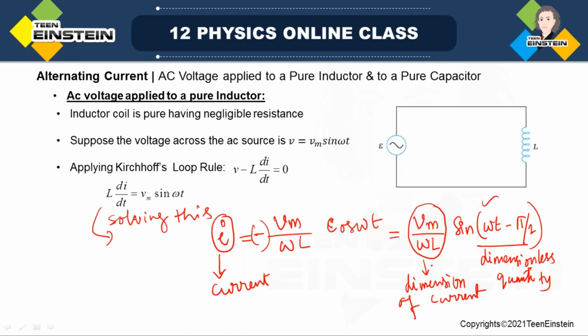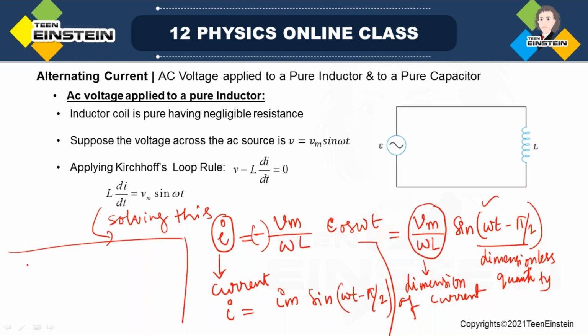If this has a dimension of current, look what we have here. Finally I'll write the current as Im sine omega t minus pi by 2. Maybe I'll write neat and clean over here. So what we have got is Im equal to Vm by omega L. This Im is the amplitude, or maximum current in the circuit.